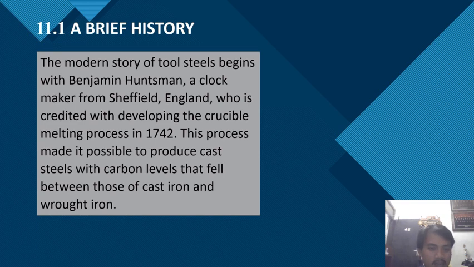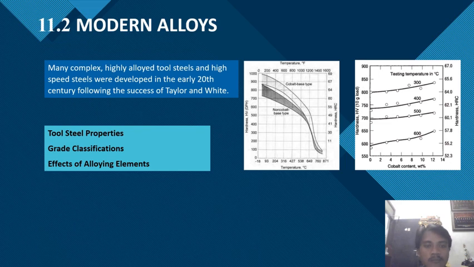This process made it possible to produce cast steel with carbon levels that fell between those of cast iron and wrought iron. In the second sub-chapter, we have modern alloy. The many complex, highly alloyed tool steel and high-speed steel were developed in the early 20th century following the success of Taylor and White.